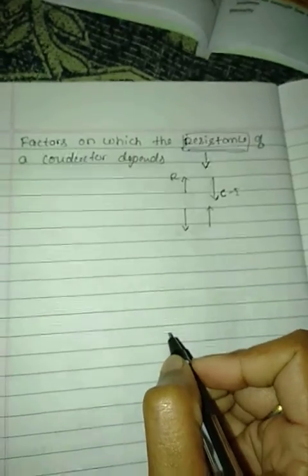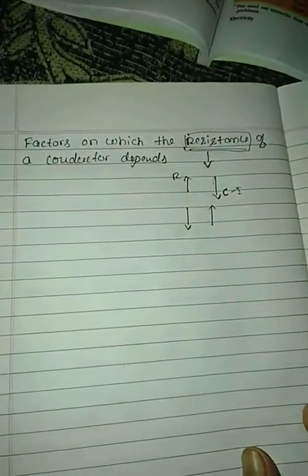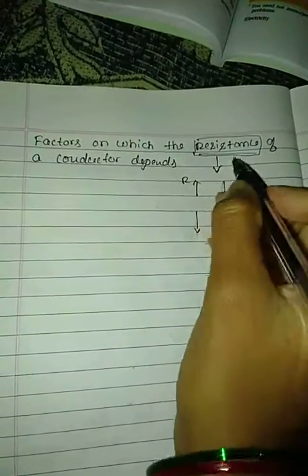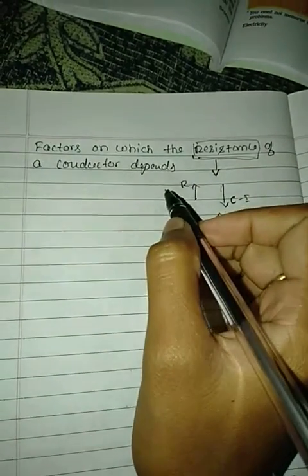Okay. Now we will find out which factors the resistance of a conductor depends on.